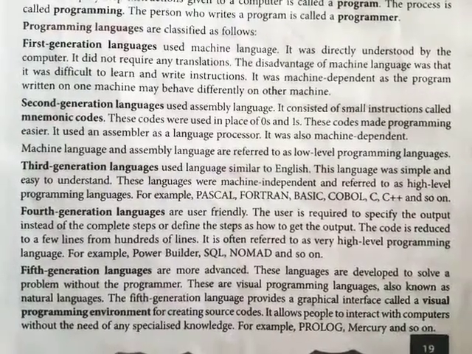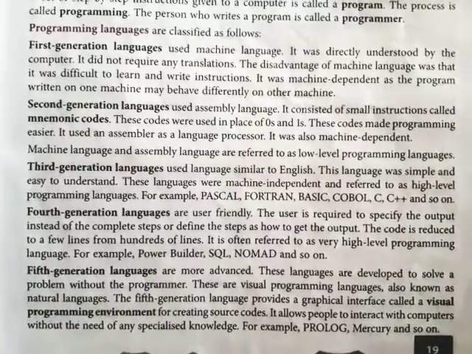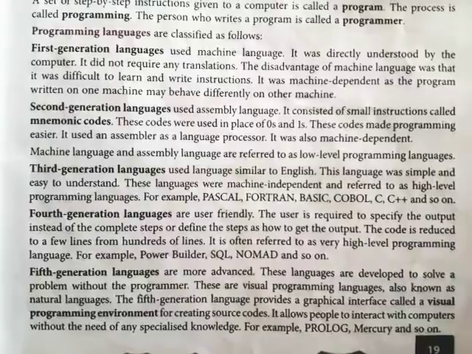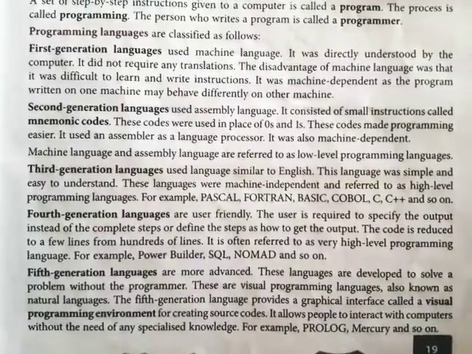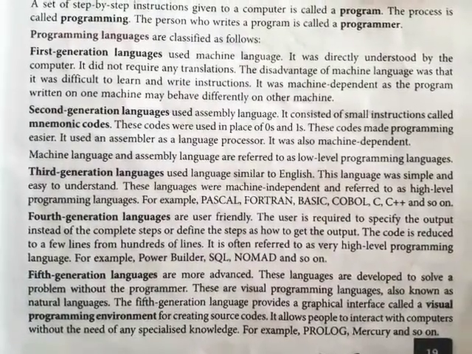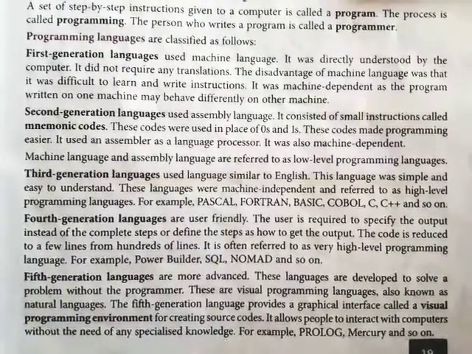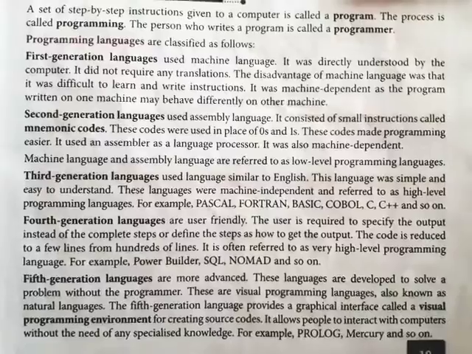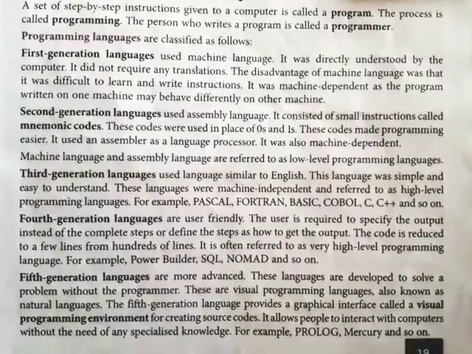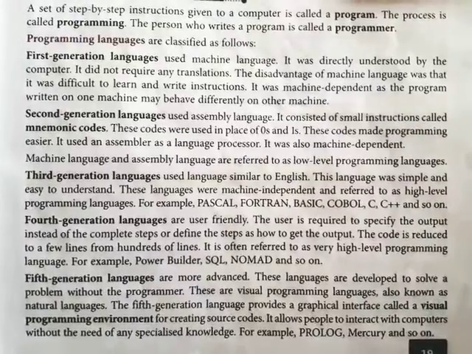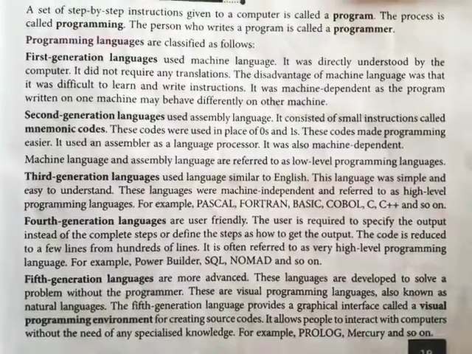Fifth generation languages are more advanced, okay, because these are the final generation language. After fifth generation, we have not yet invented the sixth generation, so these are the final release of language packages. These languages are developed to solve problems without a programmer.